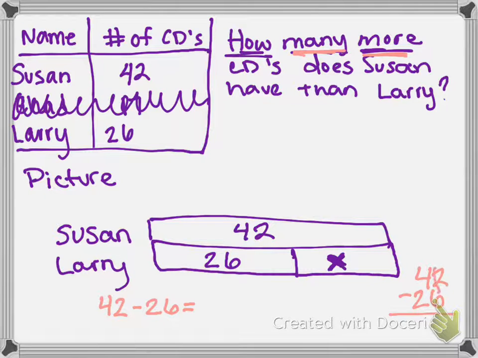We have to regroup, make this a 12 and this a 3. 12 minus 6 is 6, 3 minus 2 is 1. So we would say X equals 16 what? More CDs. Or we could write Susan has 16 more CDs in her collection than Larry.